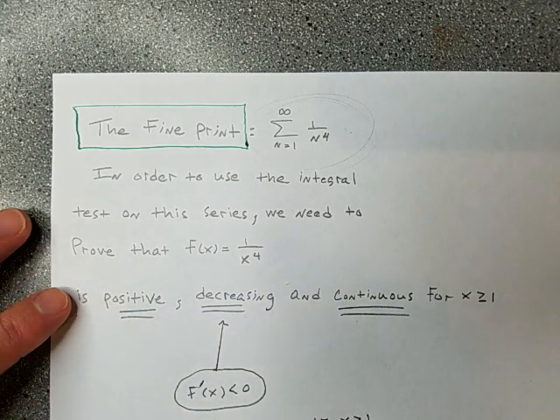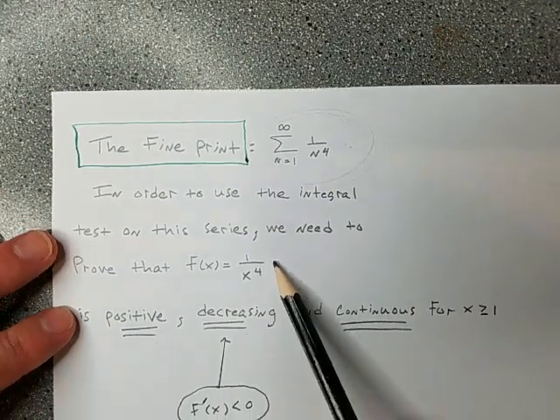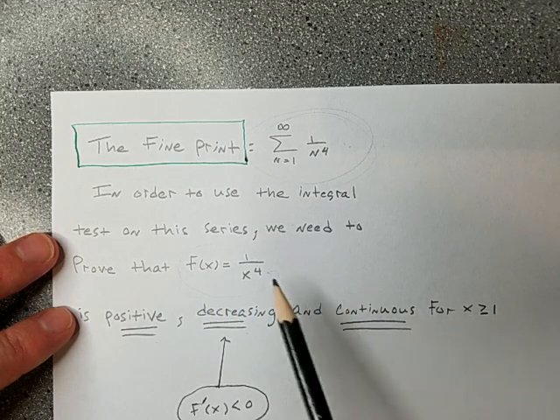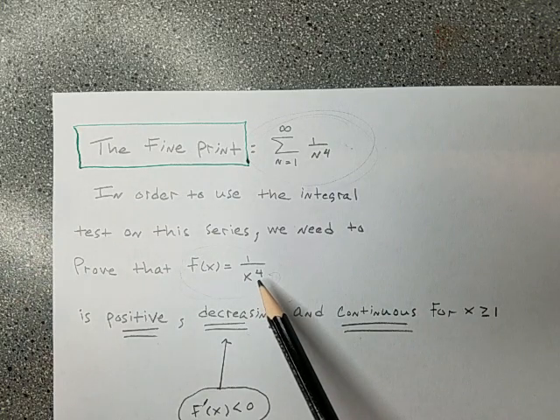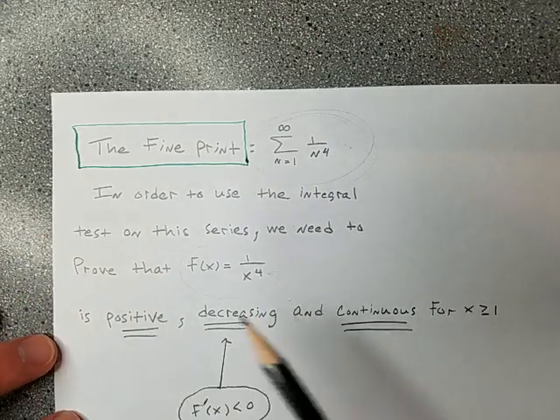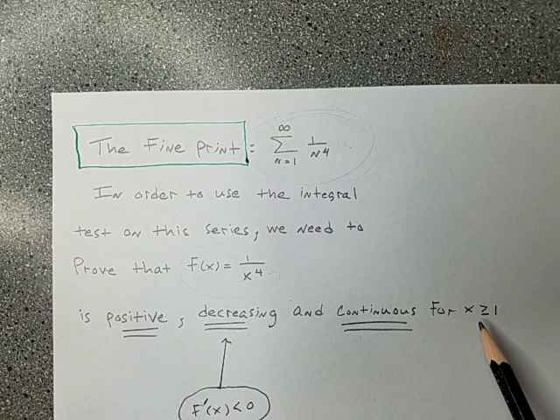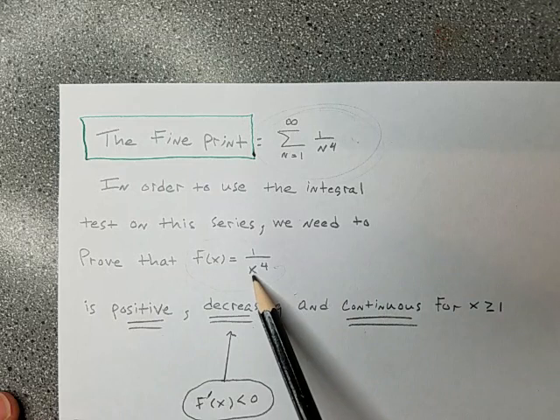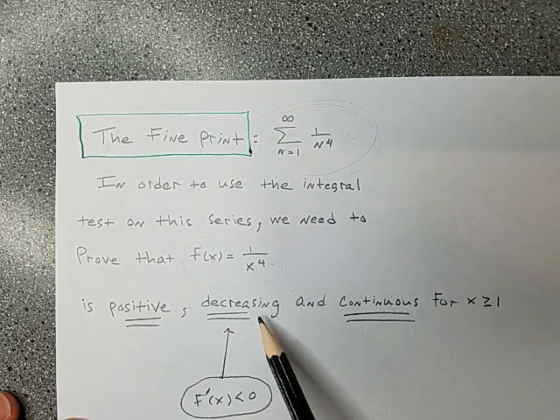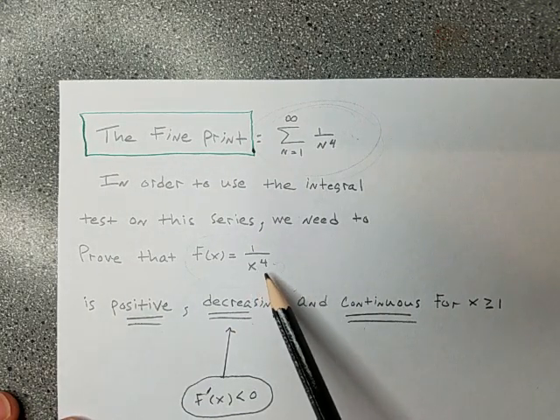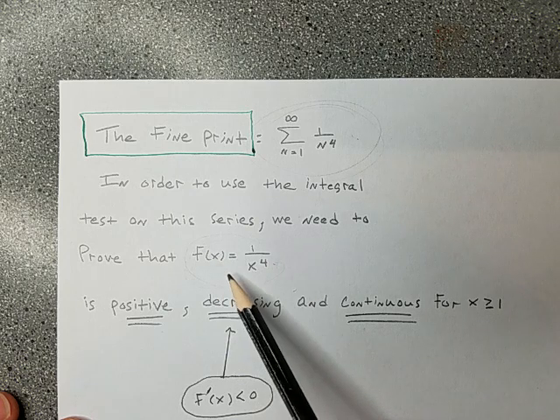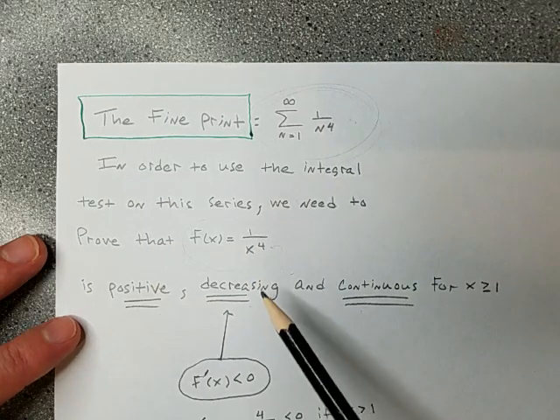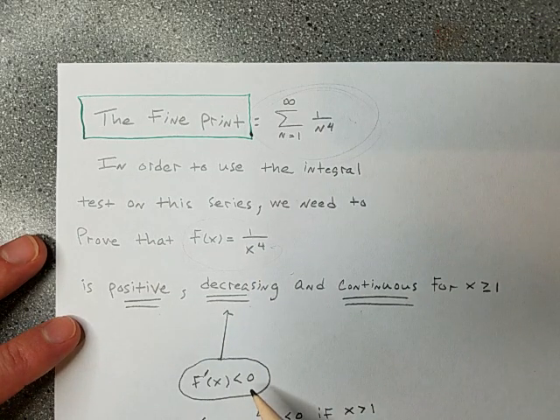Now, first of all, is it obvious that that is going to be positive if you put a number greater than or equal to 1 in? Sure, 1 over x to the 4th power will be a positive number if you put anything into it, especially something bigger than 1. Is it decreasing? Well, what does decreasing mean? It means the bigger x I put in, the smaller the y is. If x is bigger, y is smaller. That translates to the derivative being negative.